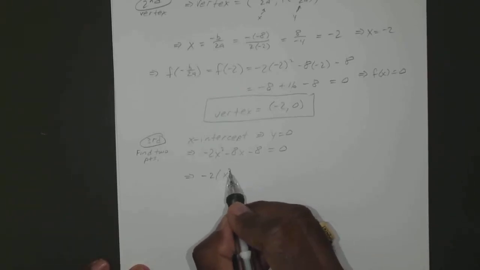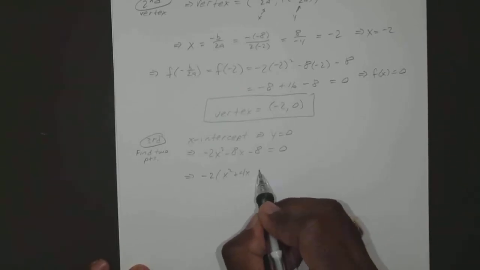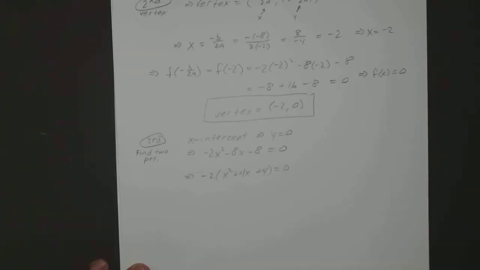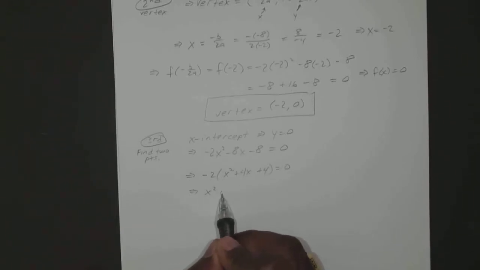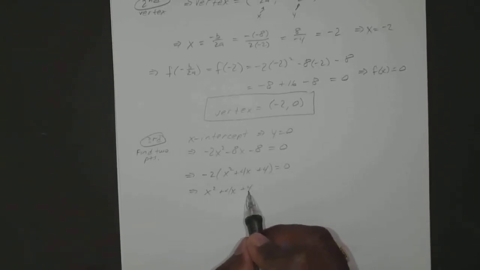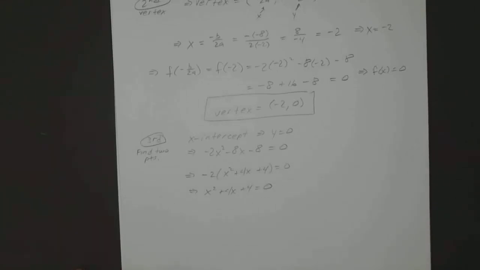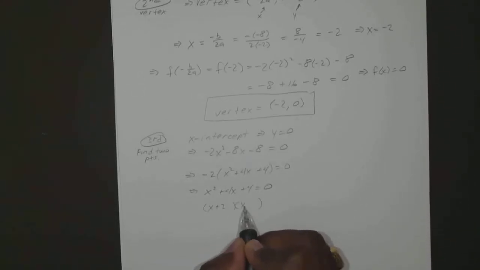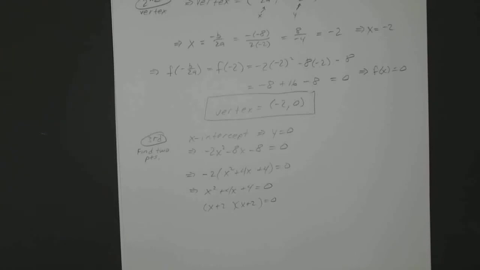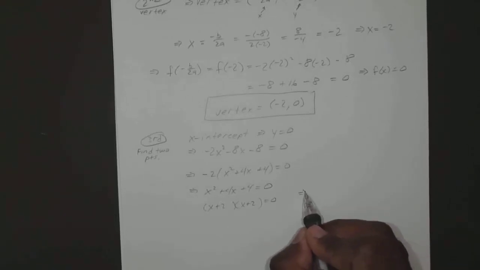So if we divide both sides by negative 2, that's x squared plus 4x plus 4 equals 0, which factors out to become x plus 2 times x plus 2 equals 0, which means x would equal negative 2.